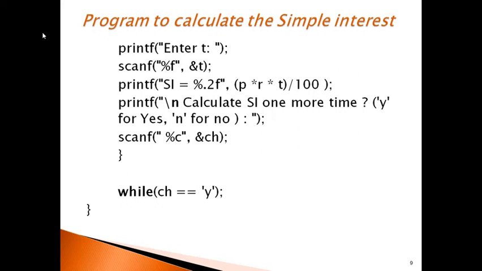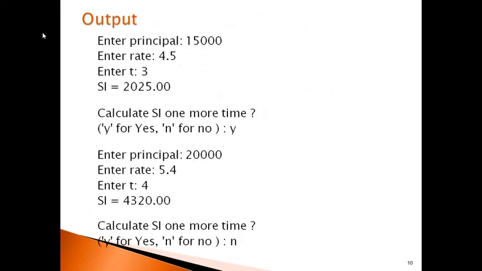At the end of the statements, we wrote while condition ch equal to y. If the user entered character equal to y, then it repeats the statement. This is the program.